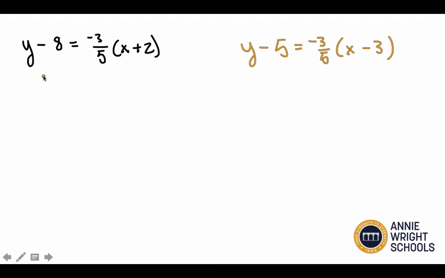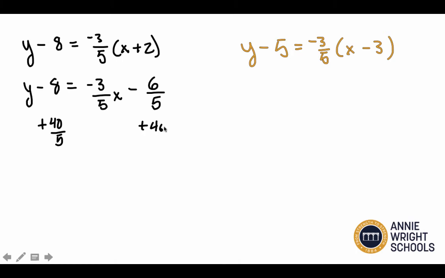So, doing a little algebra over here, y minus 8 equals -3/5 x minus 6/5. Now I'm going to add 40/5 to both sides. That's just getting a common denominator with these fractions. And I get y equals -3/5 x plus 34 over 5.